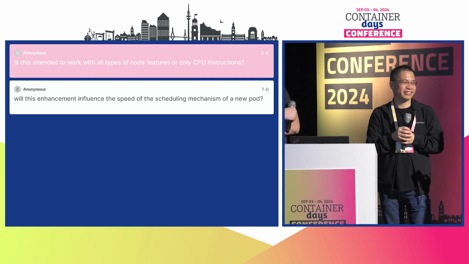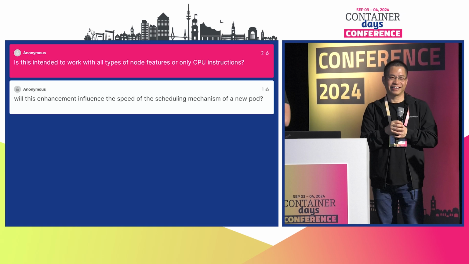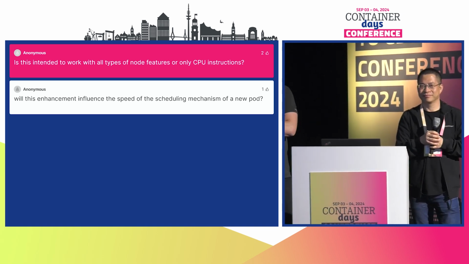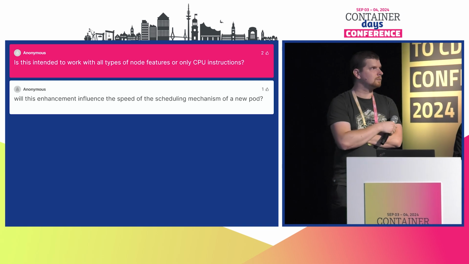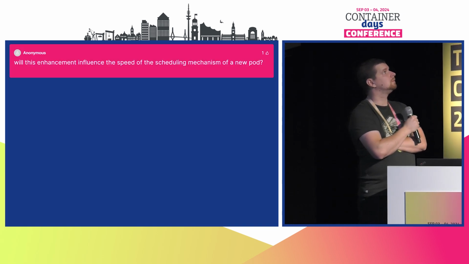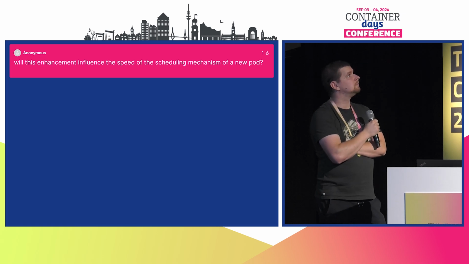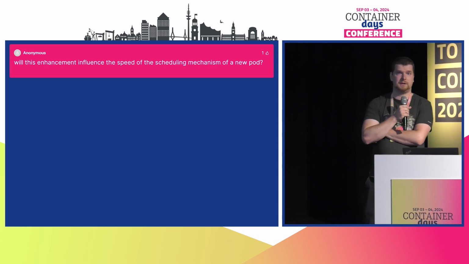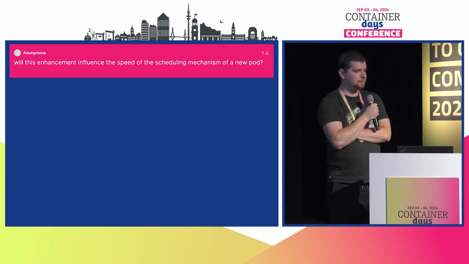One more question: is this intended to work with all types of node features or only CPU instructions? No, all types of node features. And the final question is, will this enhancement influence the speed of the scheduling mechanism for a new pod? That also depends on how you are doing it.